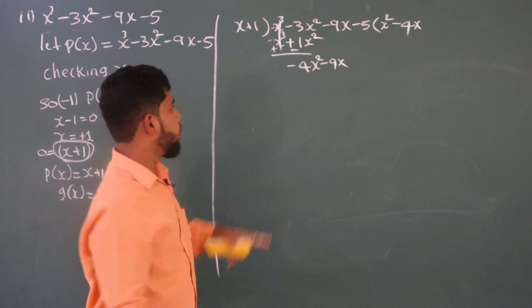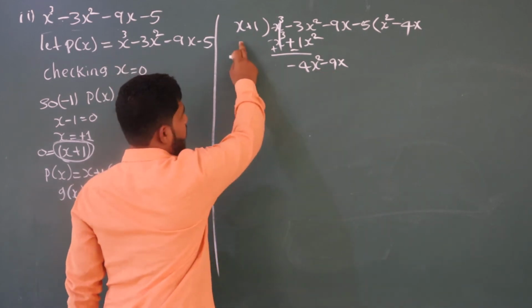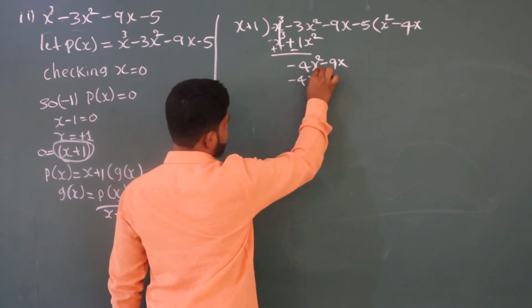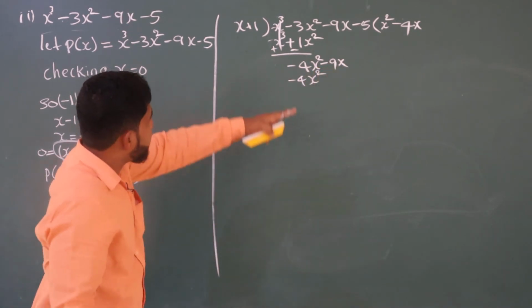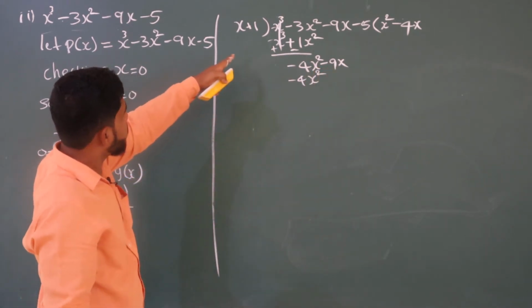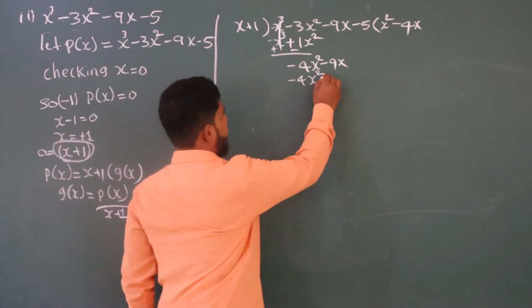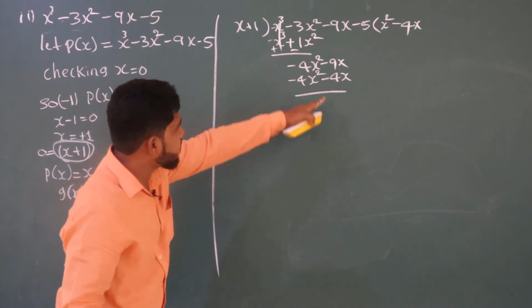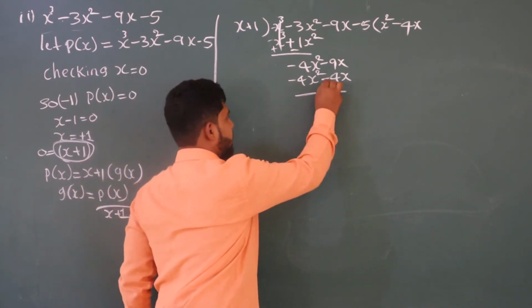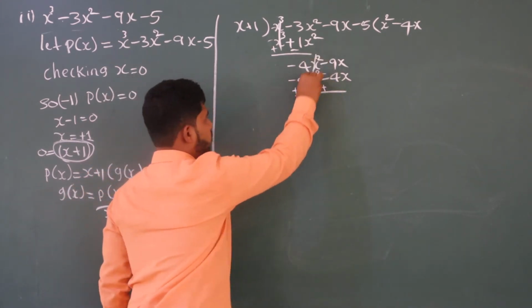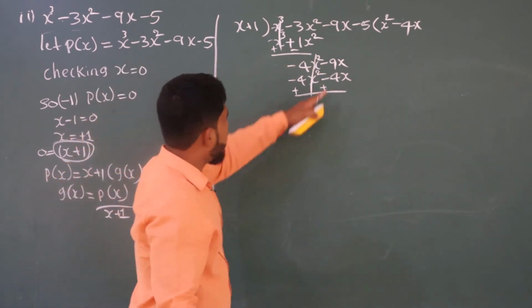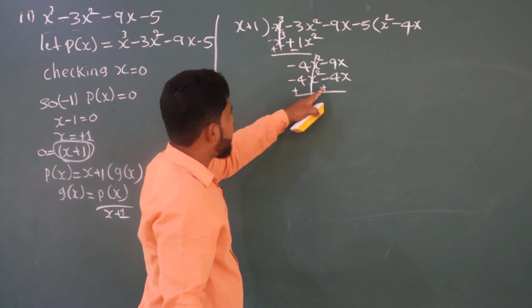Minus 4x into x is minus 4x square, and minus 4x into plus 1 is minus 4x. The signs change, so 4x square cancels.